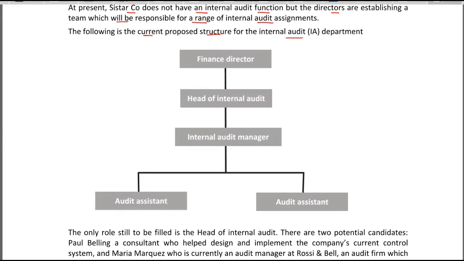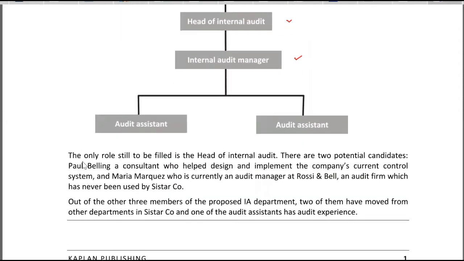So who is heading up the internal audit department? The finance director. Now, the finance director is someone who is responsible for maintaining the financial records and supervising the financial function, and now he's sitting in the review of those financial functions. So, head of internal audit department, that means the chief internal auditor, internal audit manager, audit assistant, and then another audit assistant.